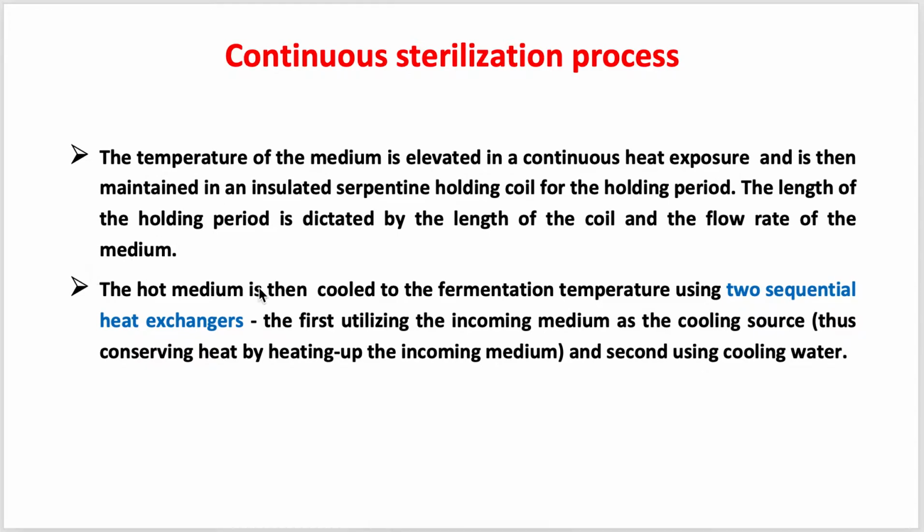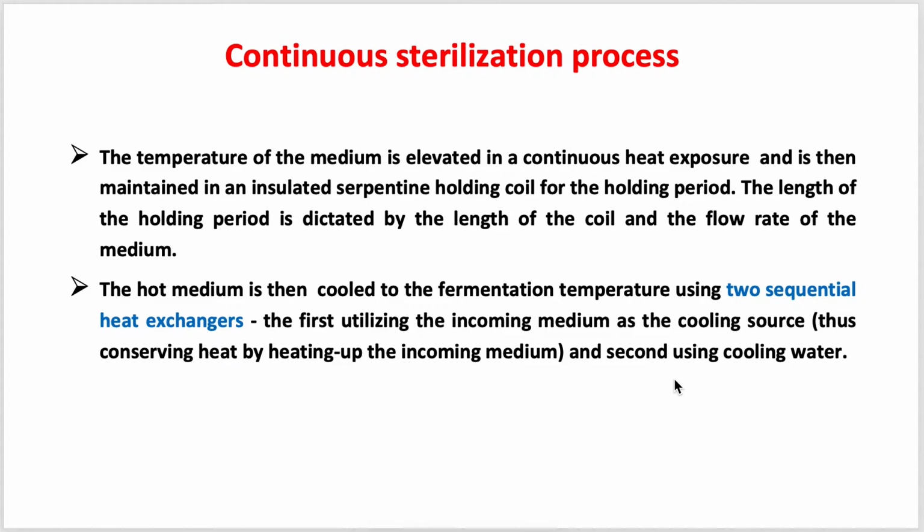Then the hot media is cooled to the fermentation temperature using two sequential heat exchangers. The first utilizes the incoming media as the cooling source, thus conserving heat by heating up the incoming media, and the second uses cooling water.